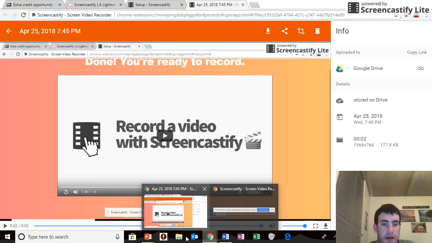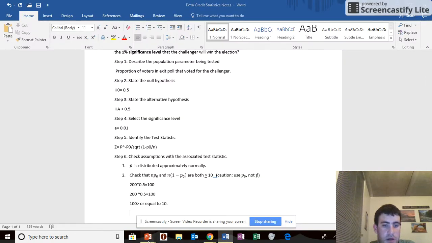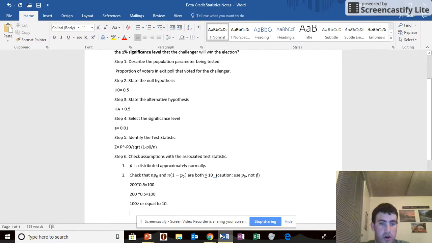The next step is to check that the observations are independent.